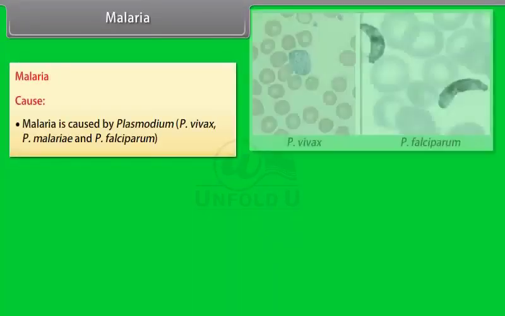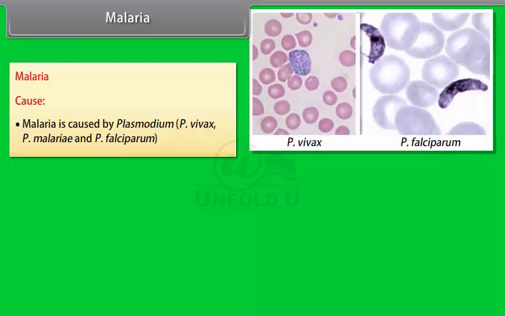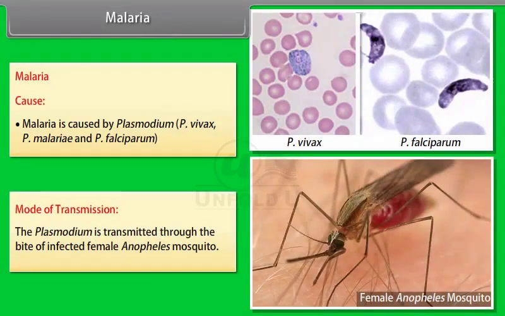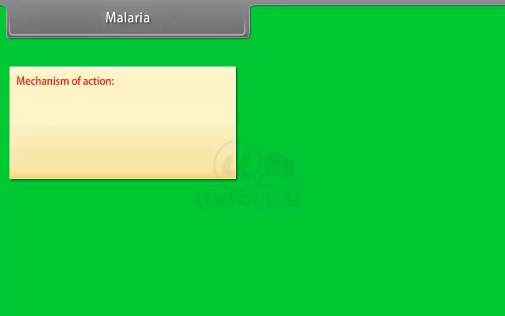Malaria. Cause. Malaria is caused by Plasmodium: P. vivax, P. malariae and P. falciparum. Mode of transmission. The Plasmodium is transmitted through the bite of infected female Anopheles mosquito. Mechanism of action.